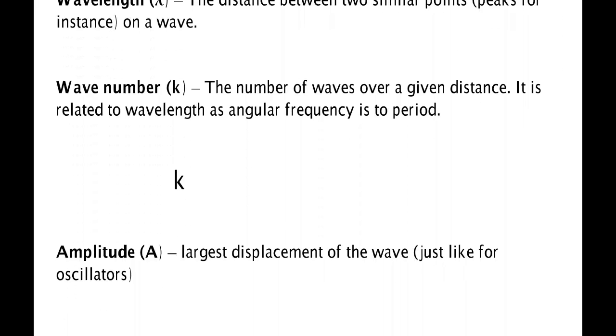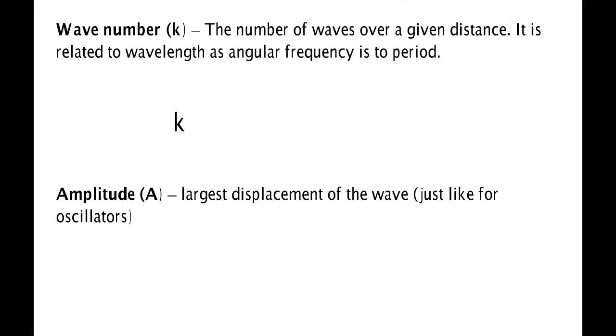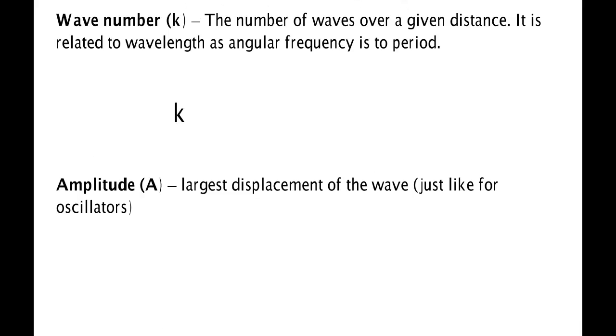In addition to the wavelength, there was something similar to the angular frequency. This thing looks like a sine or cosine, and it's repetitious with 2 pi. So there is a number of waves in a given distance, in the same way you could have a number of waves in a given period of time. So this time, k times lambda is equal to 2 pi, rather than omega T, and this k is called the wave number.